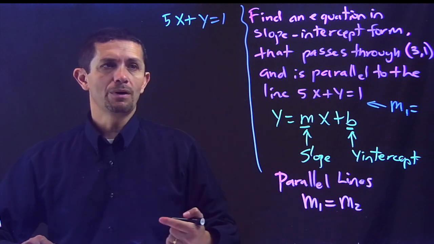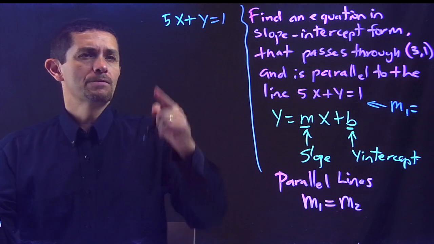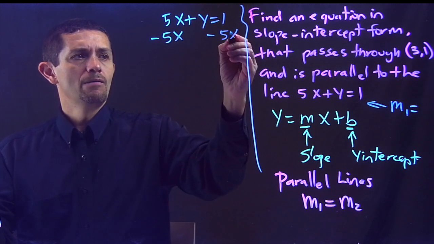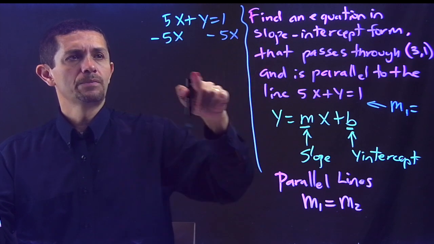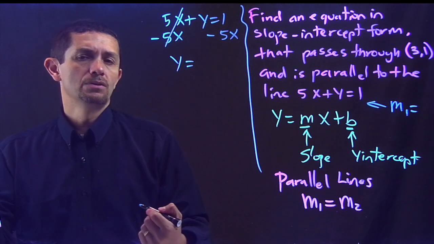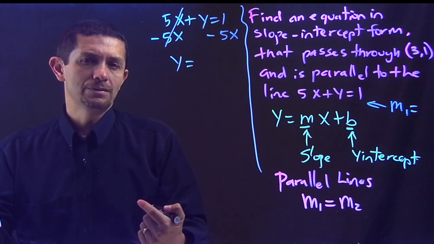To leave the y by itself, I have to cancel that 5x. So 5x is positive, so I subtract 5x on both sides. Whatever I do on one side of the equation, I do on the other side. The 5x cancel, and I'll have y equals 1 minus 5x.